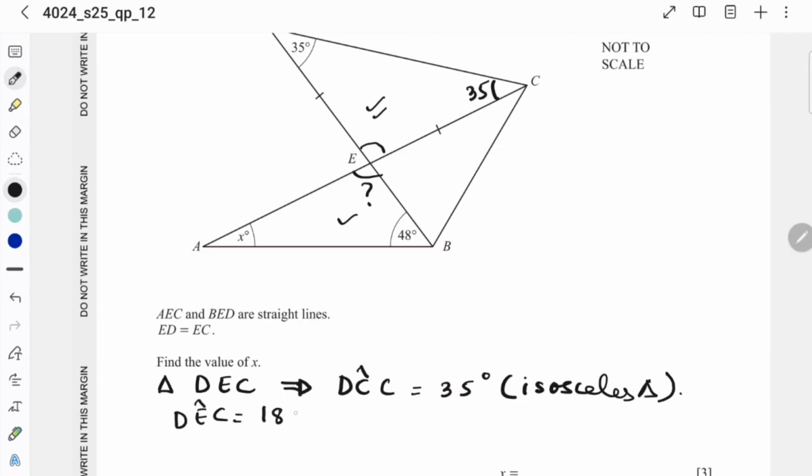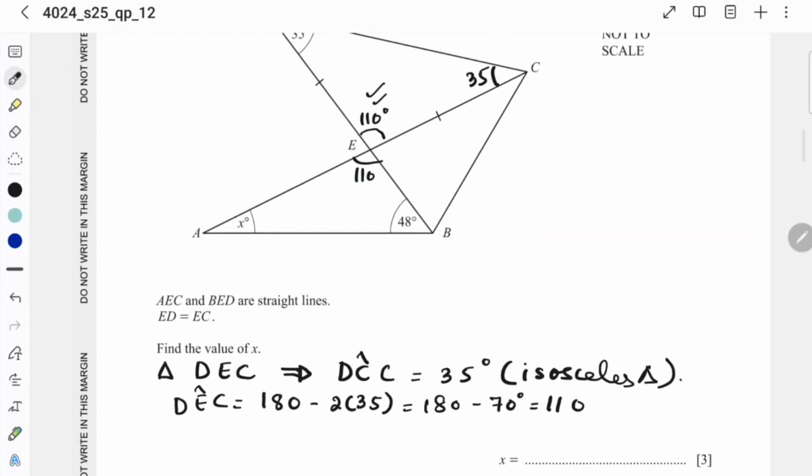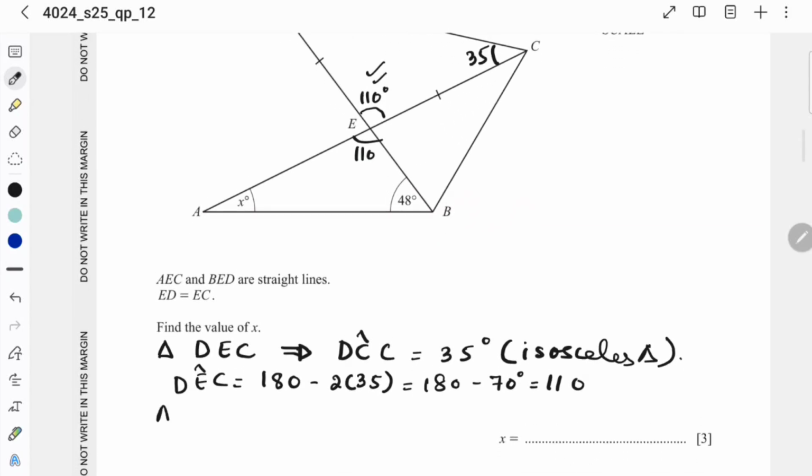DEC is equal to 180 minus 2 times 35, means 180 minus 70 degrees, which is equal to 110. It means this angle is equal to 110. The other angle will also be equal to 110 because it's a vertically opposite angle. So AEB is also 110 because of the vertically opposite angles.